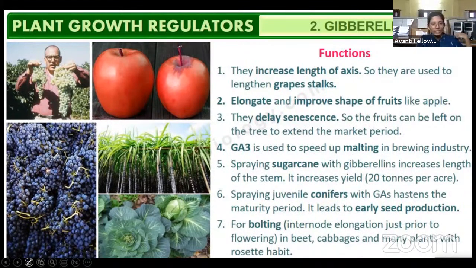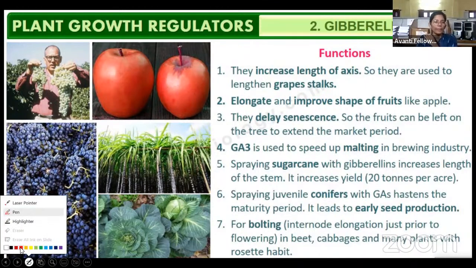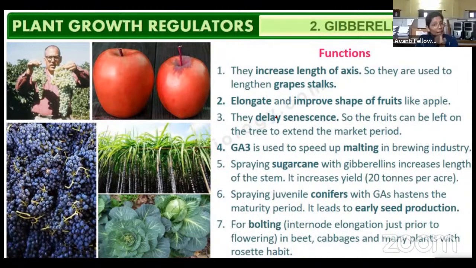If the length is only this much and many fruits are arranged one beside the other, there are chances that fruits cannot grow properly and may get damaged, right?